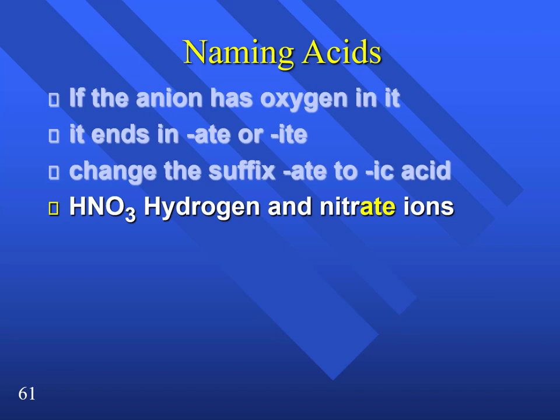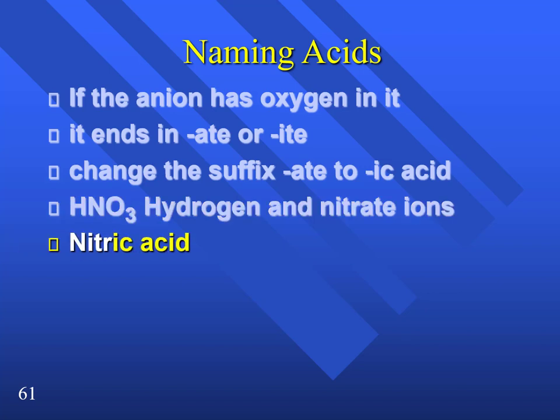They're giving us clues. So if I had HNO3, if I was going to name it like an ionic compound, I would call it hydrogen nitrate. But I don't want to call it hydrogen nitrate. I'm going to mention the hydrogen by saying acid, and the nitrate I'm going to take off the "-ate," stick on "-ic acid," nitric acid.